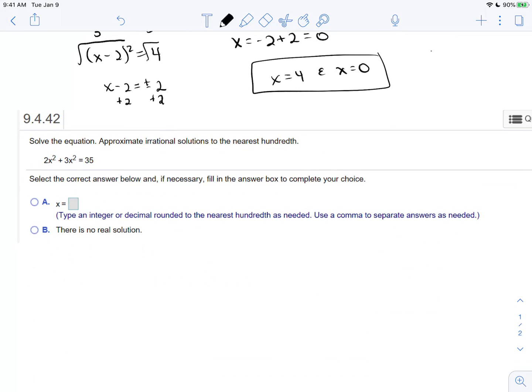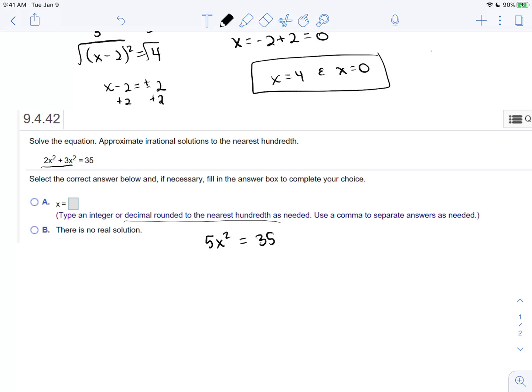This one wants you to leave your answer as a decimal rounded, so that probably feels a little more natural to you guys. We want to simplify. Well, these are both x squareds, so we can combine those and we get 5x squared equals 35.